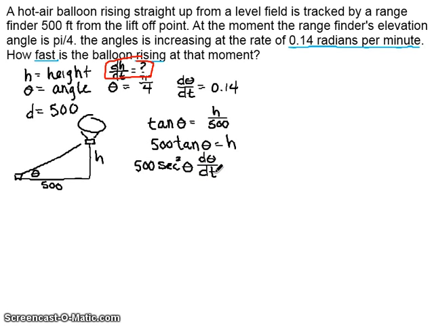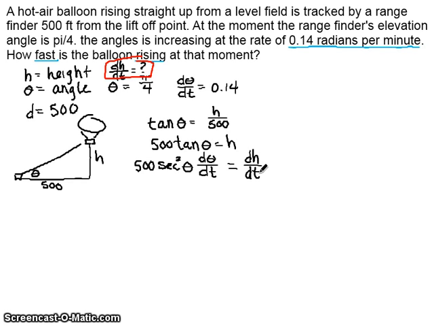So this is like when we had our xy equals 4, we have to say dy dx on those problems. It's the same thing here. Every time we take the derivative of something, we have to say we took its derivative. So the derivative of h is simply going to be dh dt.